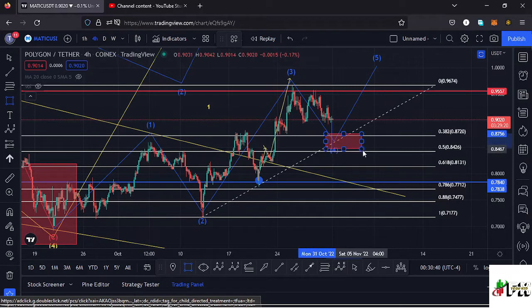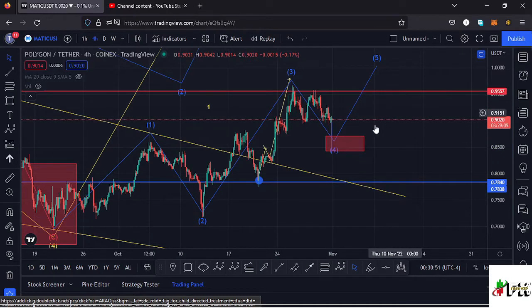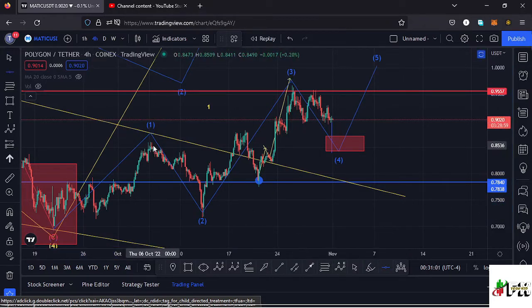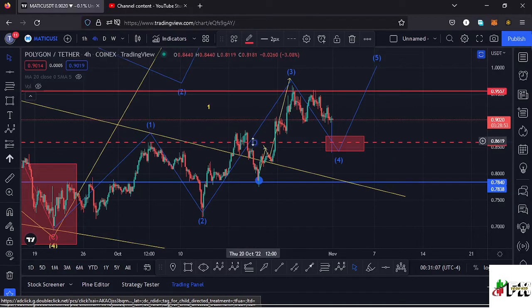I won't extend my target area to the fib level 0.618 because that movement to the fib level 0.618 will be invalidating this Elliott wave structure, and that is because in case a wave 4 over here retraces into the high of this first wave, then that will be invalidating my Elliott wave structure, and I need to also have invalidation points over here, and that is at the high of that first wave at around the $0.83 mark.